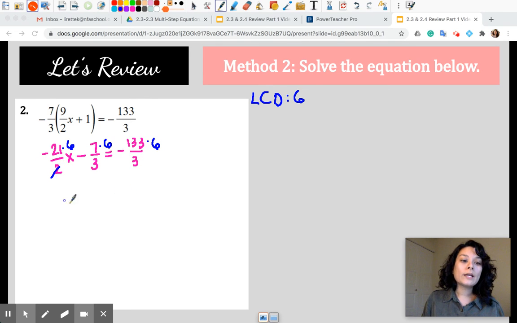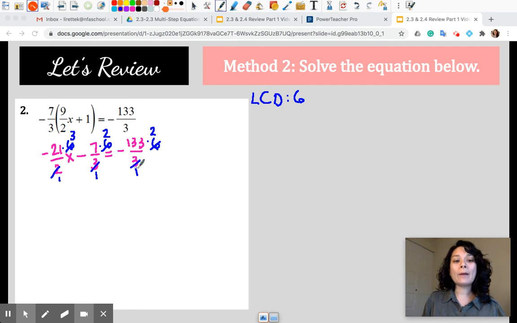The 2 is going to reduce completely and turn into a 1, and it'll turn the 6 into a 3. This 3 will reduce completely and turn into a 1, and it'll turn the 6 into a 2. This 3, again, will reduce into a 1, and it'll turn the 6 into a 2.